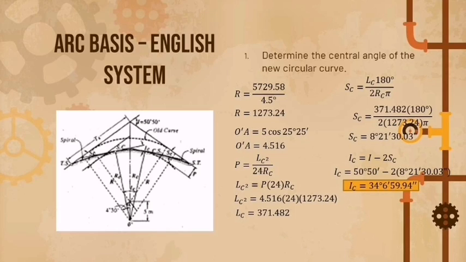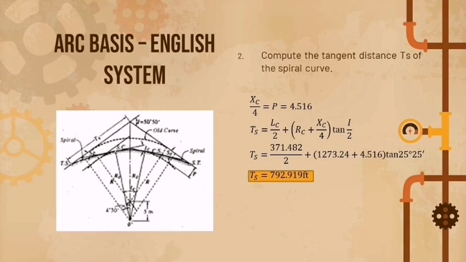And for the IC, IC is equal to angle of intersection minus 2SC. Put the values and compute it, and you will get the answer of IC is equal to 34 degrees 6 minutes 59.94 seconds.